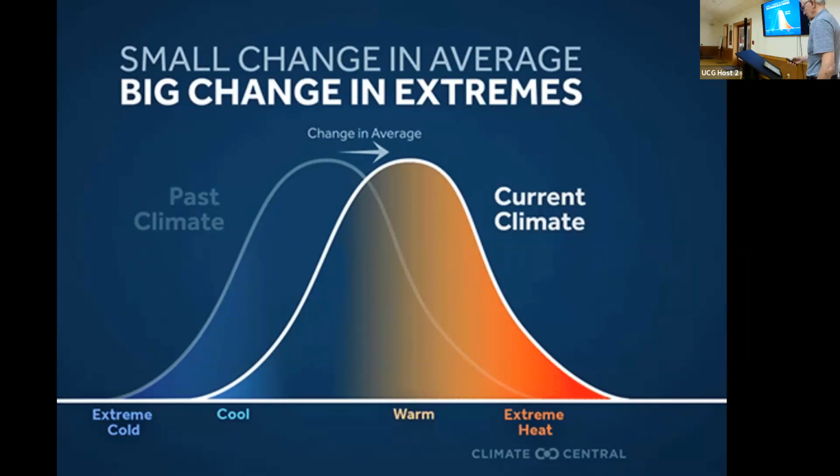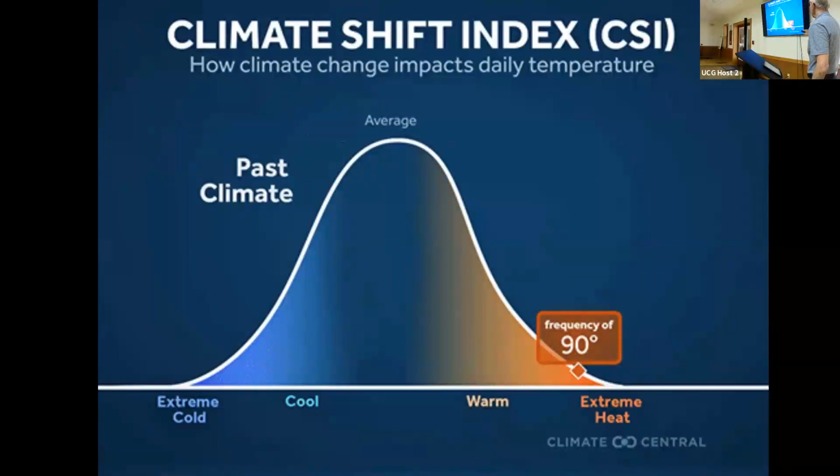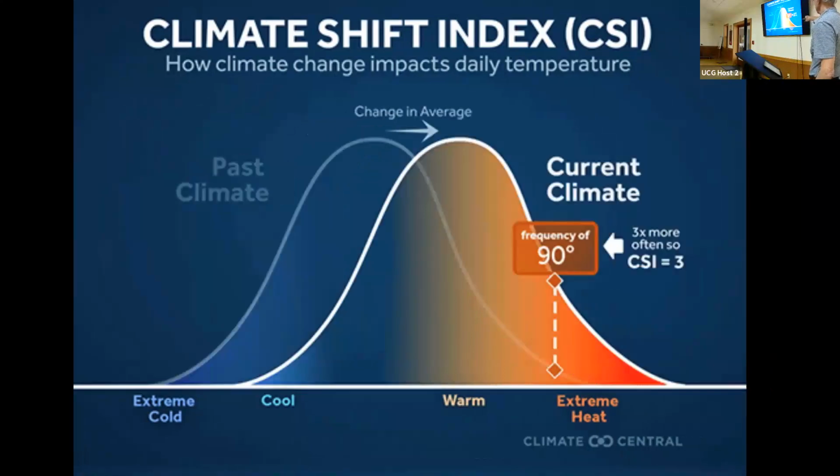And what they did was take a particular point for a particular location, and what was historically the frequency of that temperature, and then look at currently what is the frequency and compare those two, and then develop a probability scale between -5 and +5.